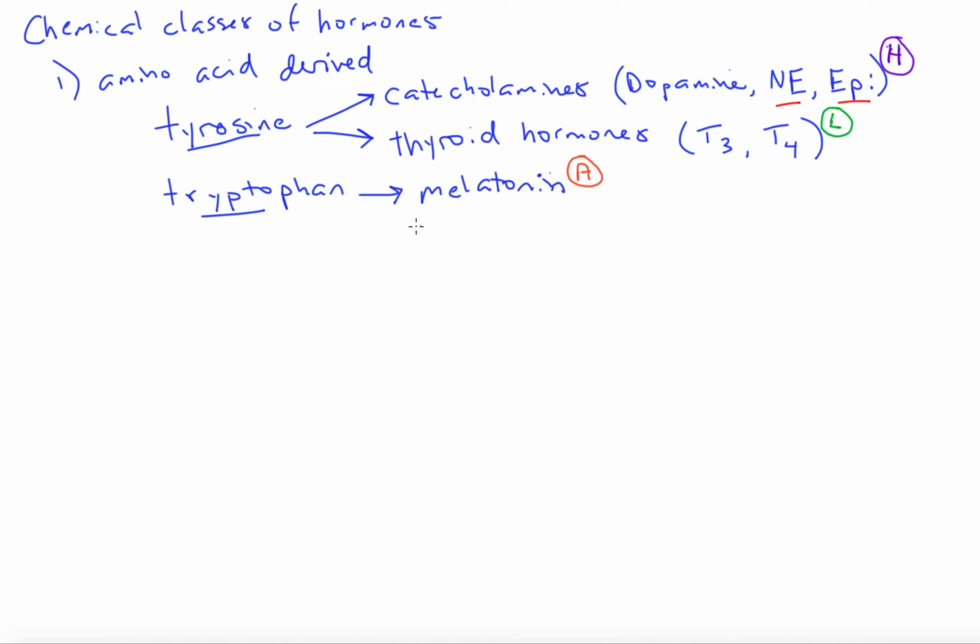The second chemical class that I'm going to lay out here is typically referred to as the peptide group. And that's a little bit misleading. So oftentimes it's simplified to call them the peptide group. I'm just going to list them all here. It's the peptide, protein, glycoprotein group.